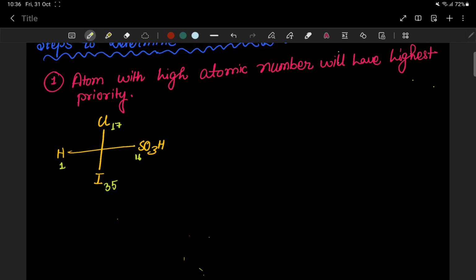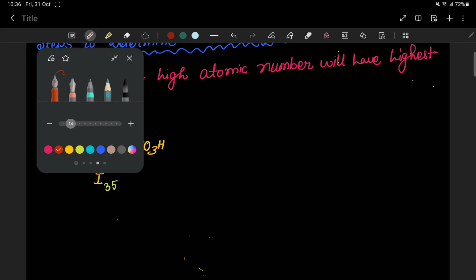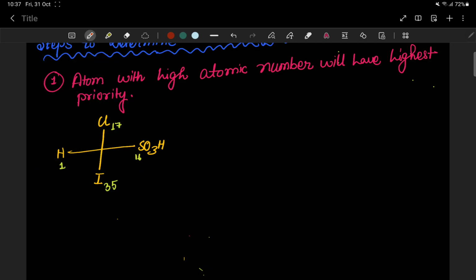So how will you recognize each one? The least one is hydrogen with atomic number 1, so you will give this 4. This is the priority. Our least priority is at the horizontal position.